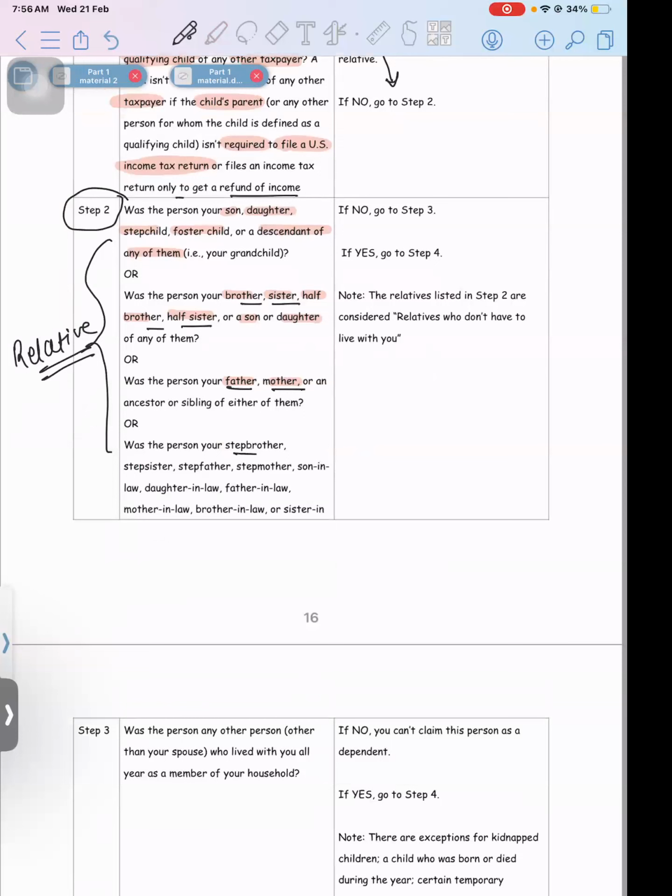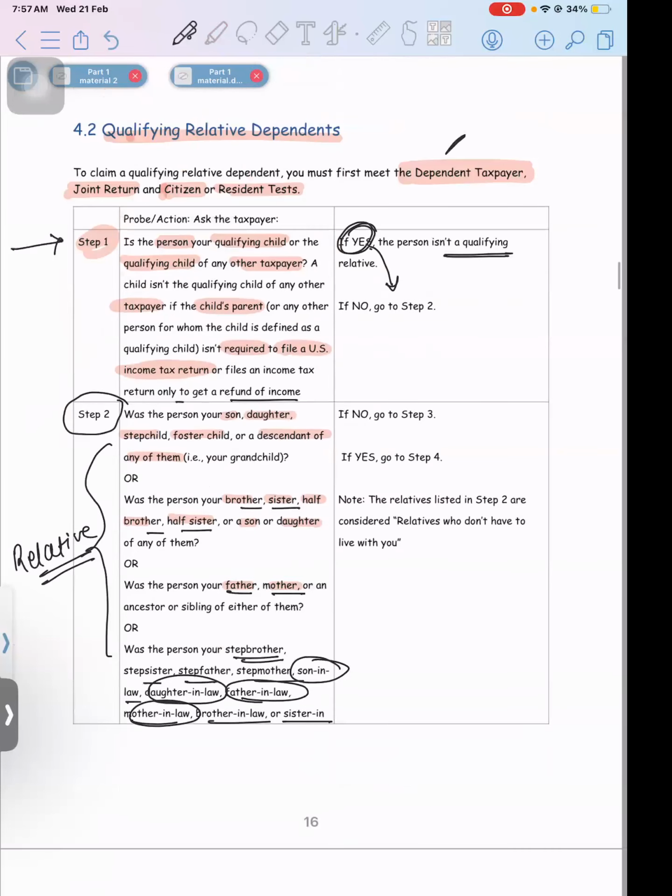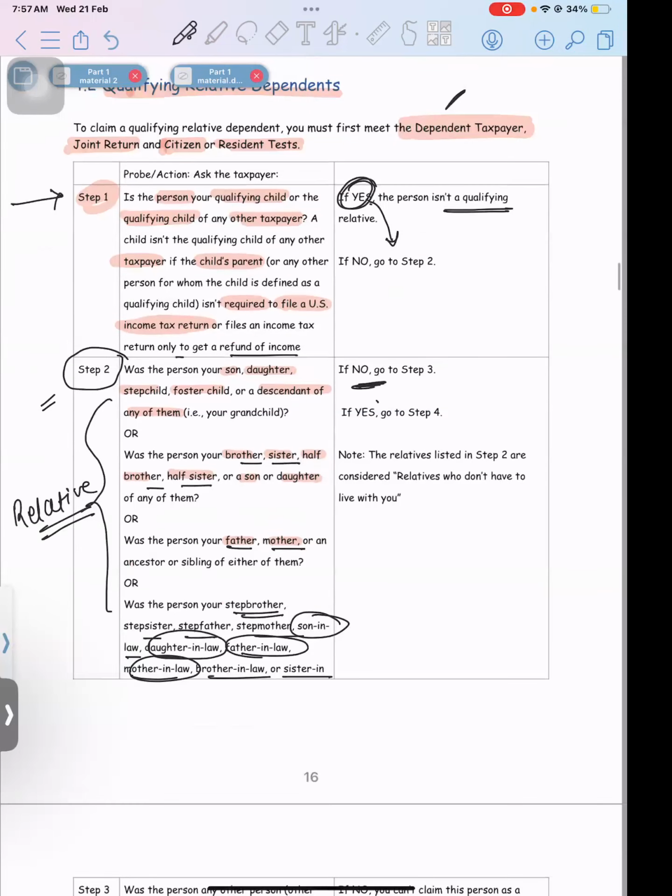And was the person a stepbrother, stepsister, stepfather, stepmother, son in law, daughter in law, father in law, mother in law, brother in law, or sister in law? Each and every relative will come under the definition of step 2 relatives. If they are not your relative, then you'll go to step 3. But if they are a relative, then you'll go to step 4.